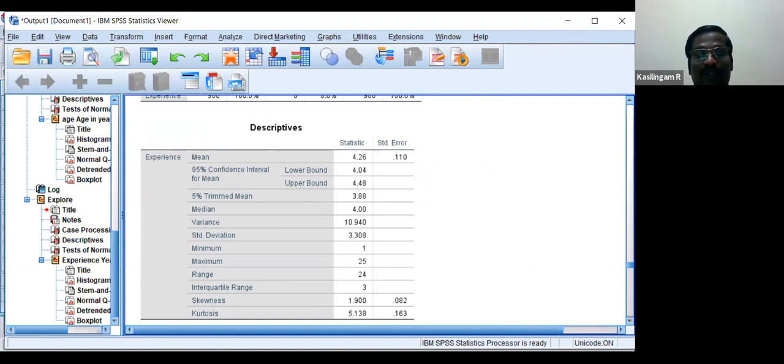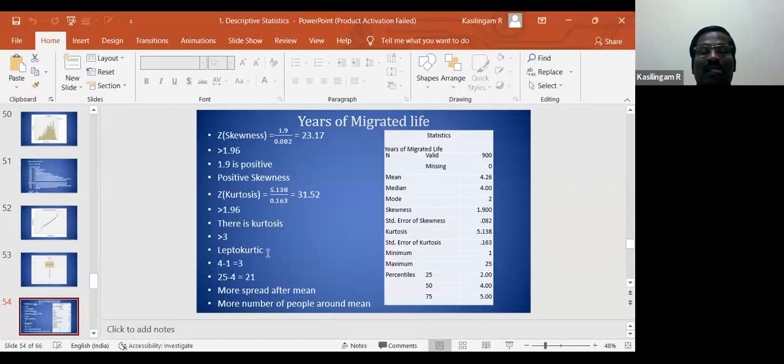So now I have 1.90 divided by 0.082. Yes or no, madam? It is equal to 23.17.